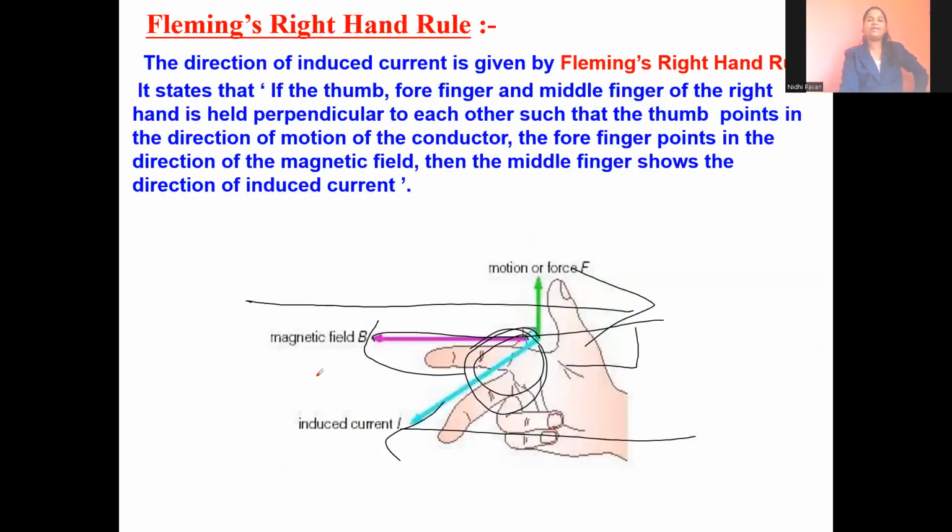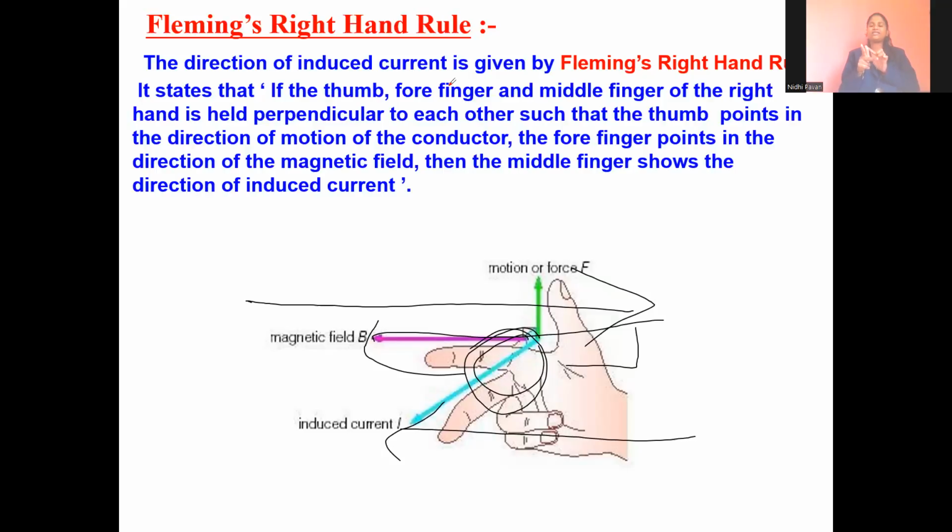Next, we have Fleming's right hand rule. It shows the direction of induced current. Fleming's left hand rule shows the direction of force of motion of a conductor carrying current, but the right hand rule shows the direction of induced current. It states that the thumb, forefinger, and middle finger of the right hand should be held perpendicular to one another.